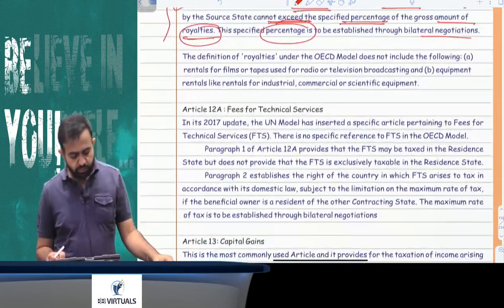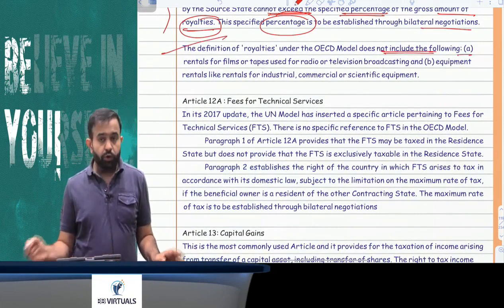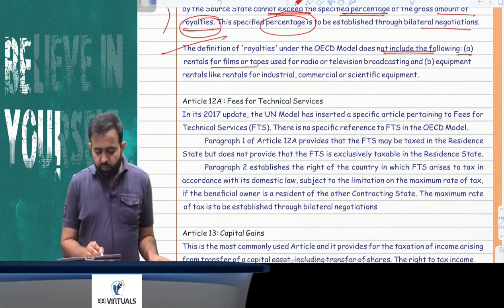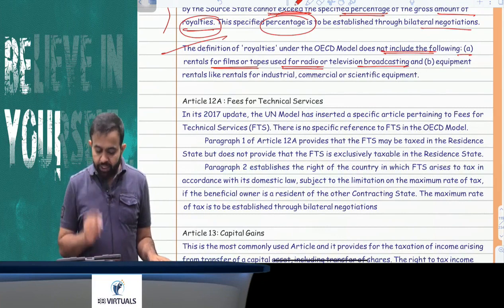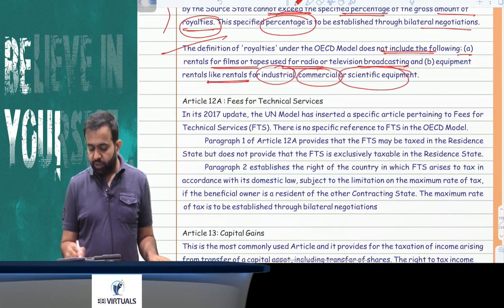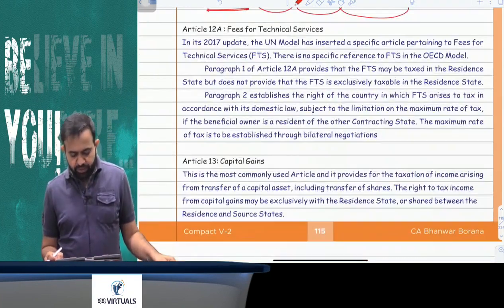Next part. The definition of royalty under the OECD model does not include the rental for films or tape used for radio or television broadcasting, and equipment rental like rental for industrial, commercial and scientific equipment. That is not covered in the OECD model, but it is in the UN model.